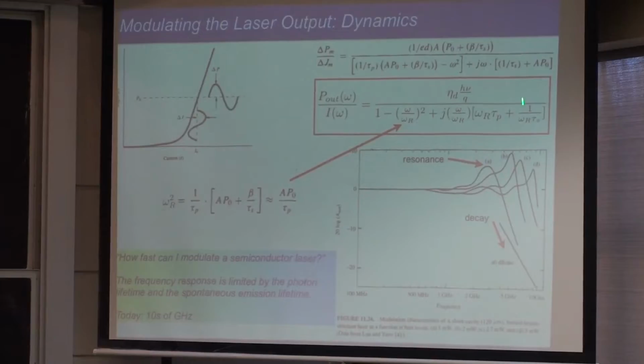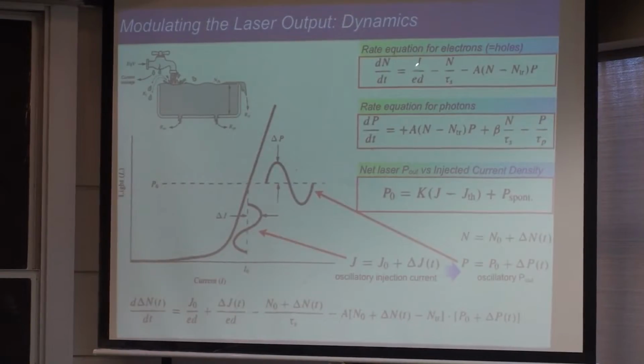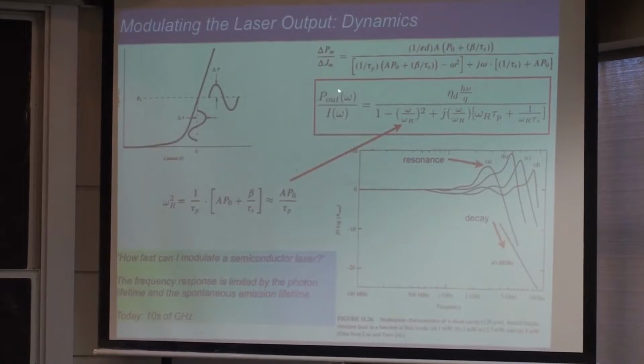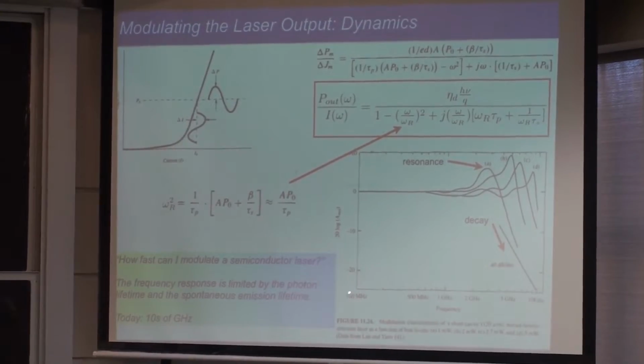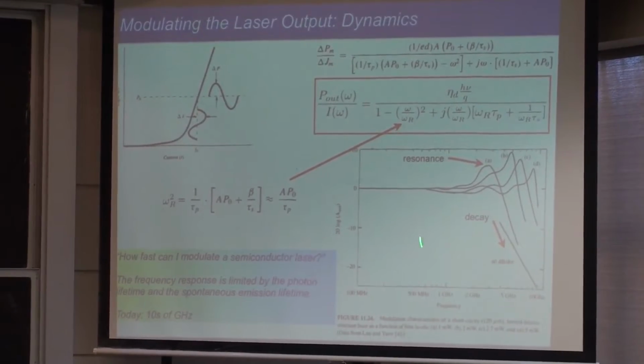That comes about again from feeding in the input current as e to the power j omega t, and tracking what the output power is as a function of this frequency, and you get output power divided by the input current has a certain frequency response. At very low frequencies, below about a gigahertz, you are okay.